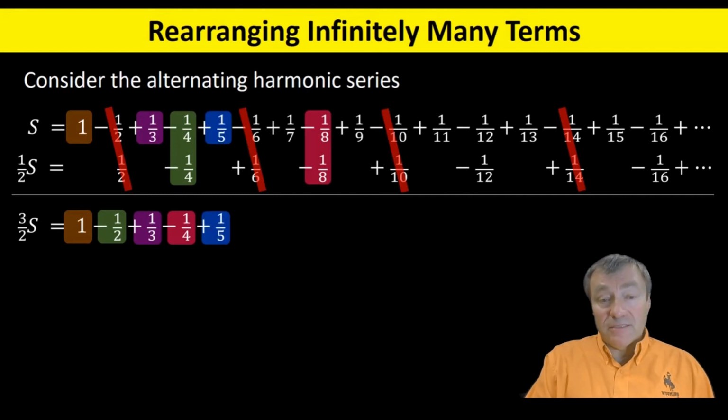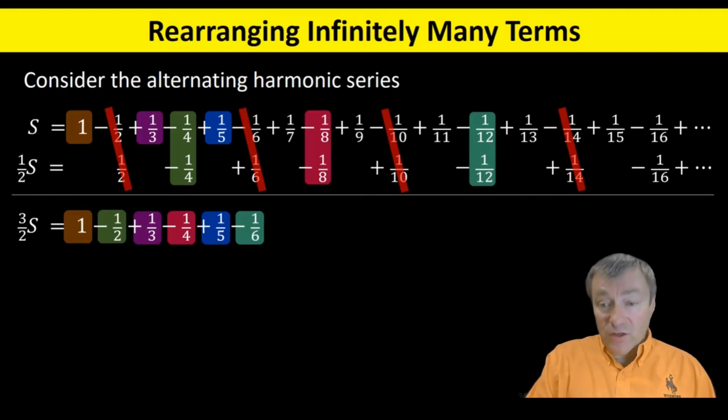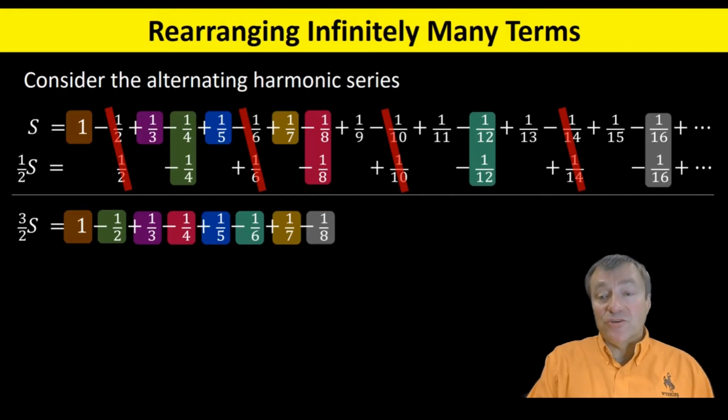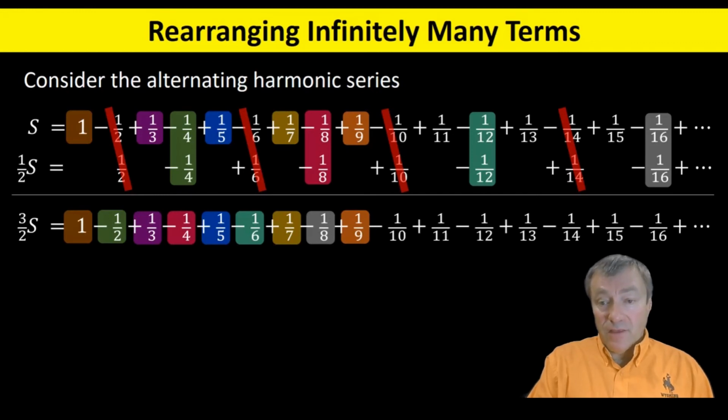Next, carry down the plus 1 over 5 term. The two minus 1 over 12 terms combine to form minus 1 over 6, followed by plus 1 over 7. The two terms of minus 1 over 16 combine to form minus 1 over 8, followed by plus 1 over 9.